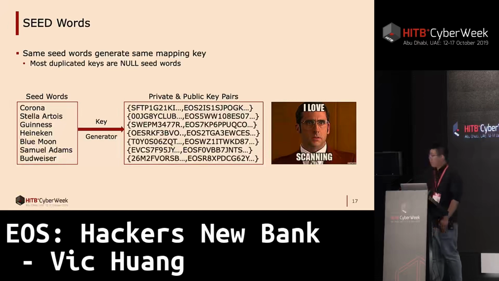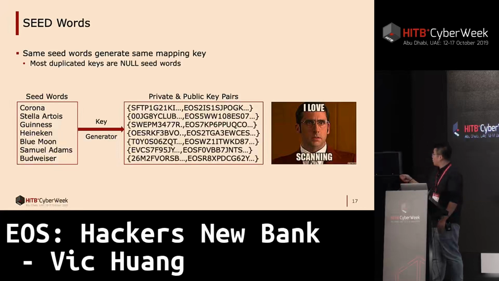After we generate the list, we scan the whole EOS. You can view some transactions on EOSX, which is like Etherscan or something.